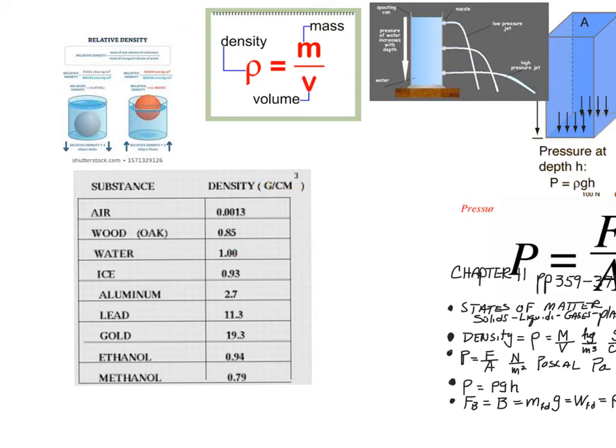And picture a centimeter, it's like a little tiny box, like the end of your little finger, and it weighs a gram. And so that's just convenient. And it's a reference. So when we think of water as 1, not surprisingly, we have wood as 0.85. Actually, that's a fairly dense wood. Pine would be about 0.5, about half the density of water. You see that air is only about 1,000th the density of water.